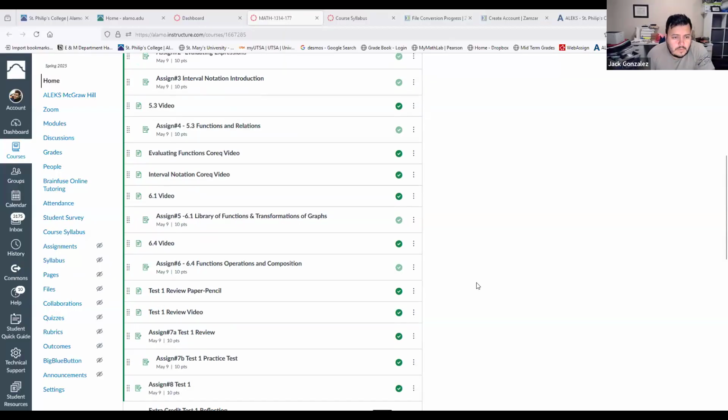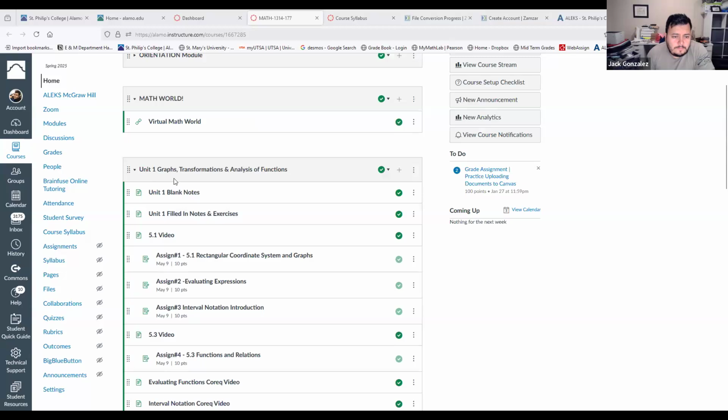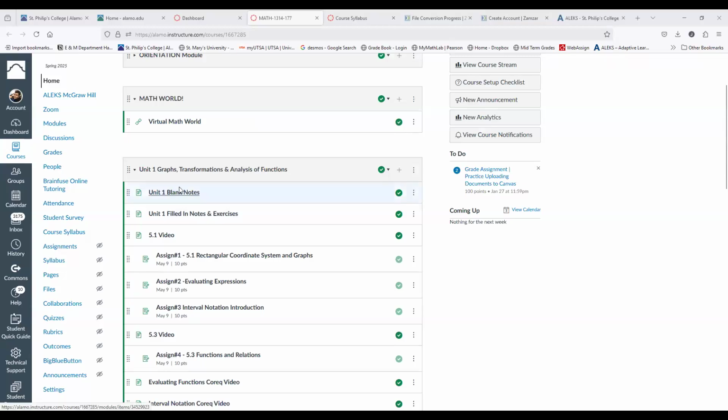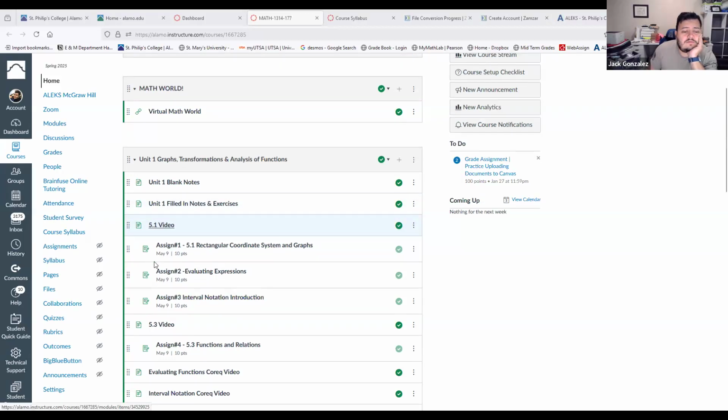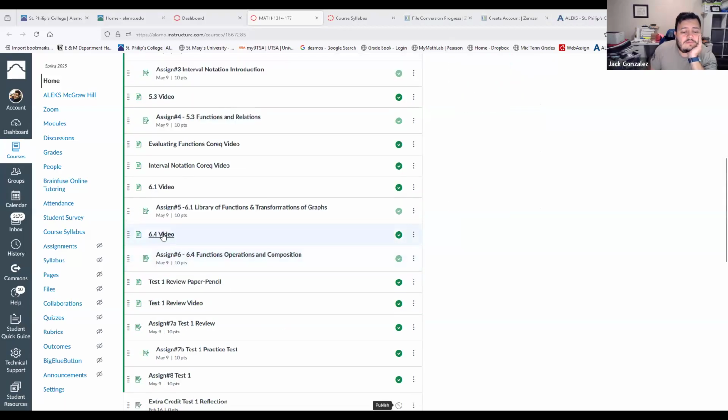You see it? So unit 1. So here are blank notes that you can work out. So in the videos, my friend's working out the problems and explaining the theory and the ideas. So you can follow along and fill them out here. So if you watch them, here's a video for 5.1, 5.3, 6.1, 6.4.